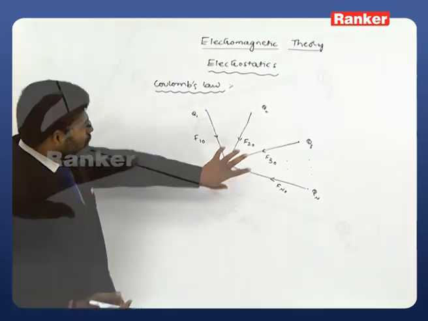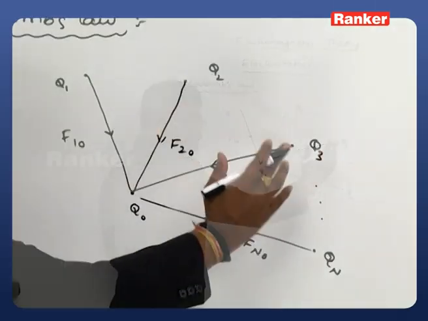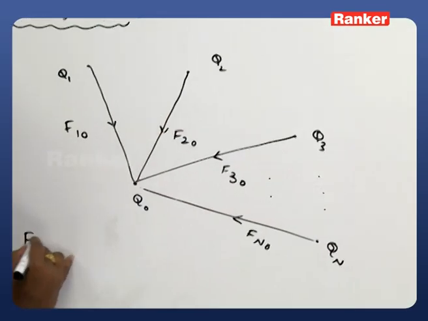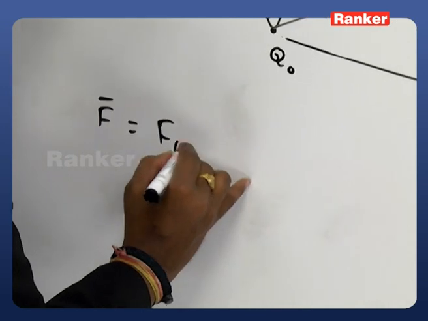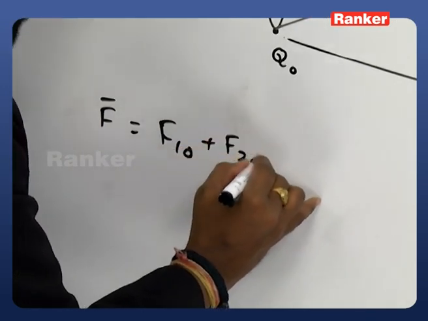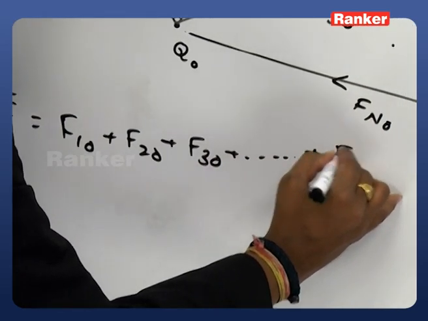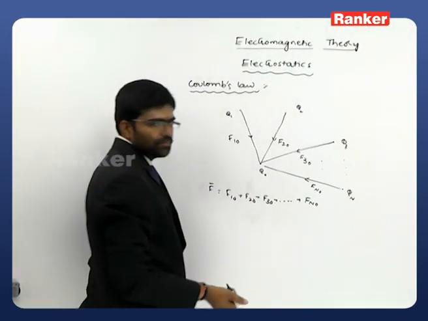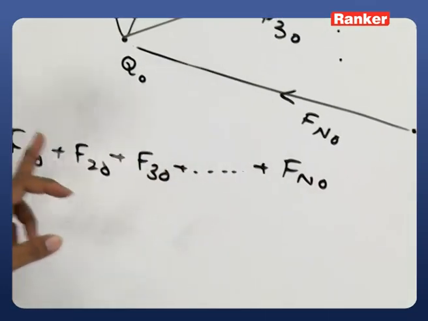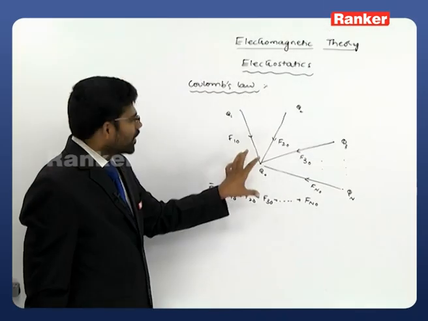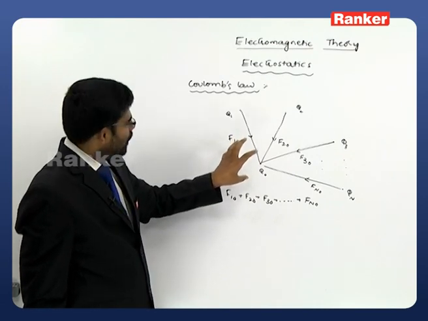Now the total force acting on this particular charge Q0 is simply the summation of all these forces. That is, the total force acting on Q0 is equal to F10 plus F20 plus F30 and so on plus Fn0. So we take the individual forces, calculate them and add them. What we get is the superposition of the force, which is the total force acting on our charge Q0.